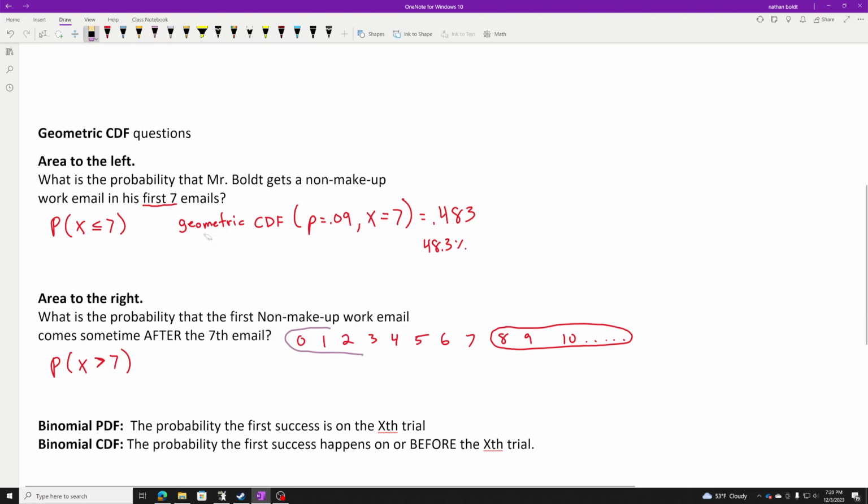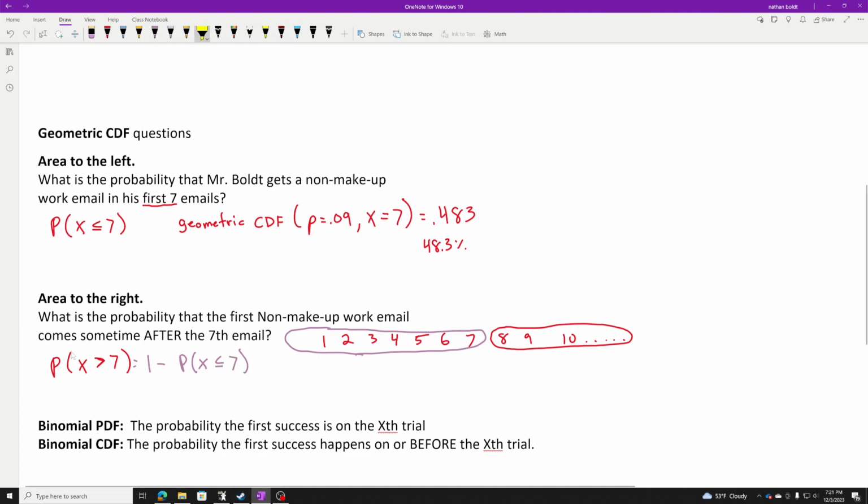Actually, 0 is not an option. We're going until we get a success, so we have to look at least one email. Thankfully, that does not actually change anything you do. So I want to subtract off 7 or less. So this is equal to 1 minus the probability that x is less than or equal to 7.